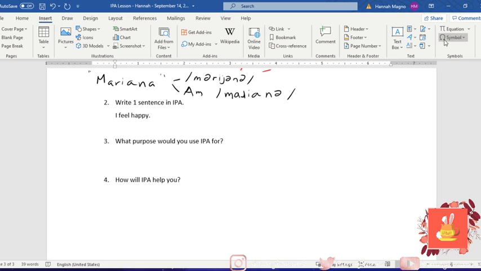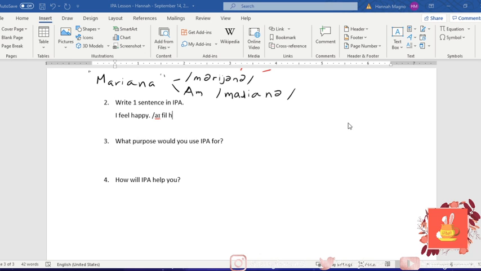So if I were to write this in IPA, I would write this as... So I need to do this one, put the... Where is the A sound? Oh, A. This is the false one. This is the script. Then you would say this. I, F, I, L, I feel, ha.